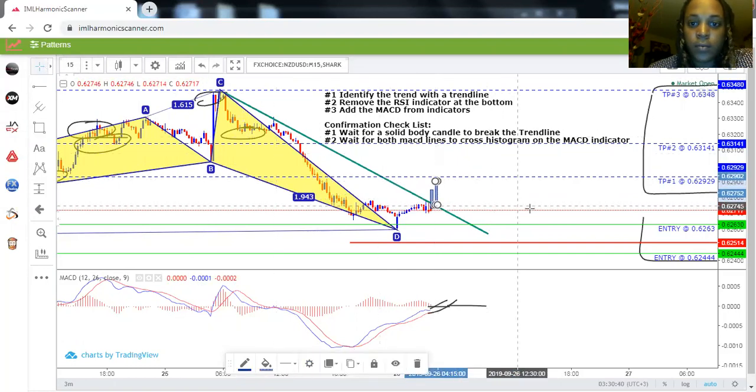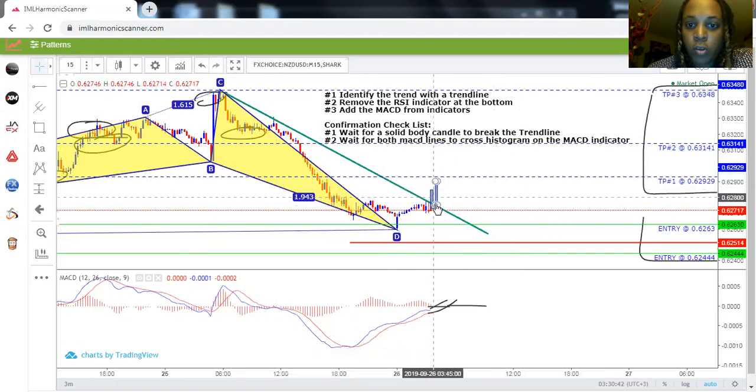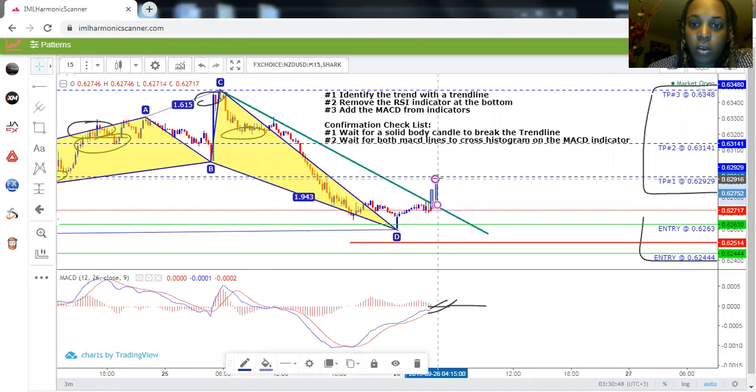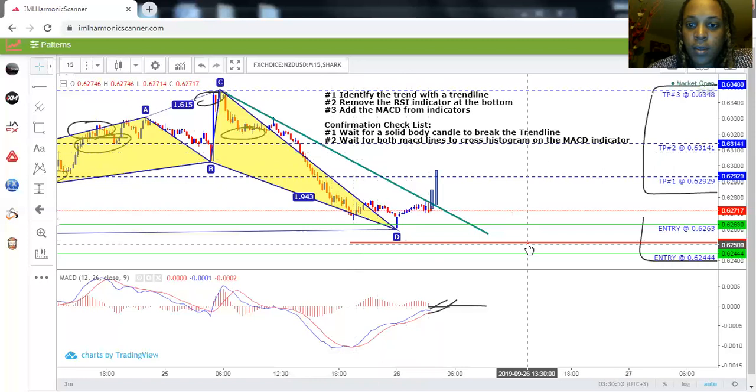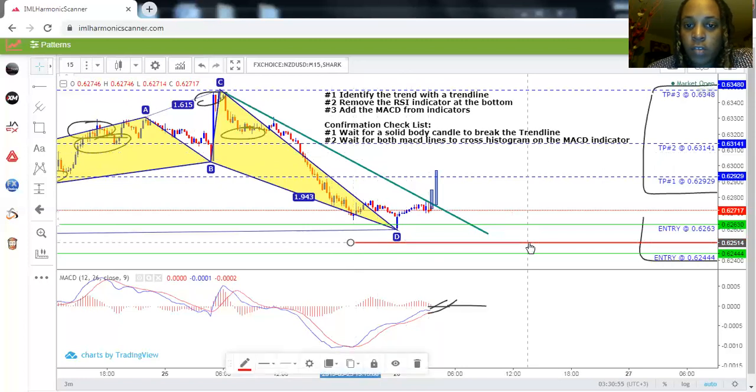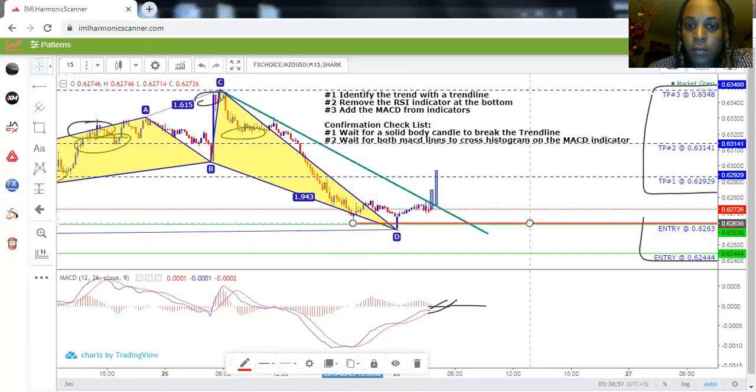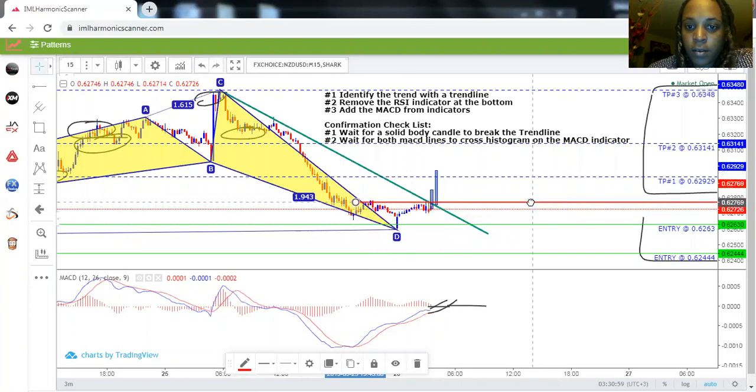There we go, right? So this one closed, so you entered. This is where you enter the market around here, right? And it actually went up and hit take profit 1, right? You're going to move your stop loss from here to entry.